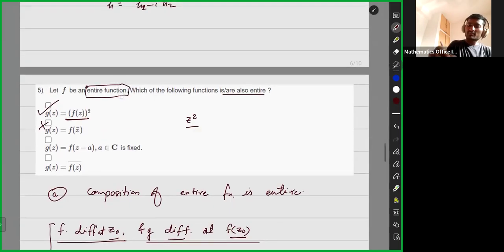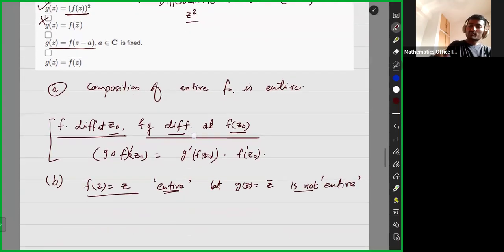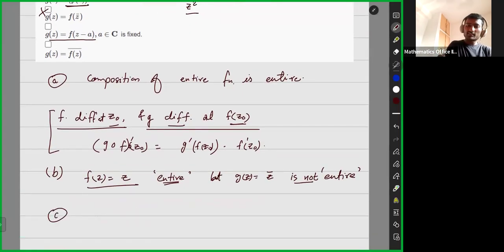Entire function means differentiable at every z, or everywhere, right? So how about part C? Part C is a composite of two functions. First function is, let's say, z minus a. Let's say this is f1(z) is equal to z minus a.